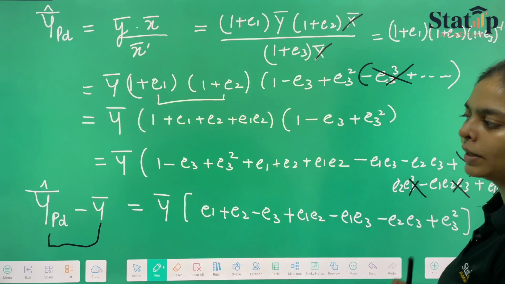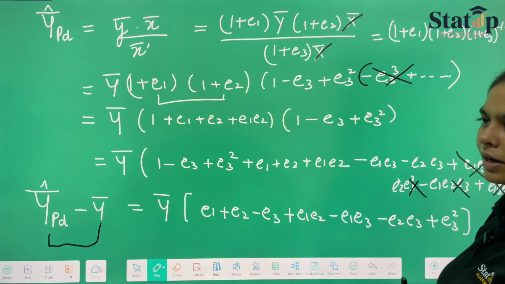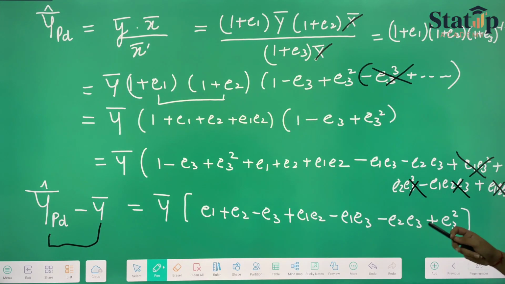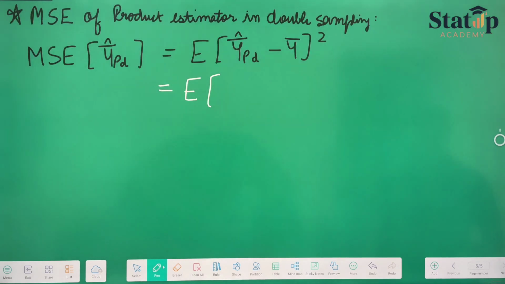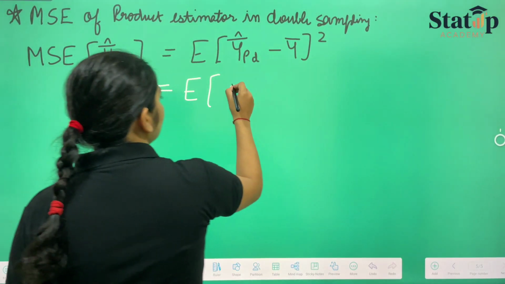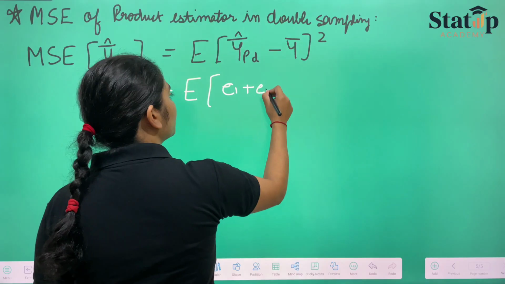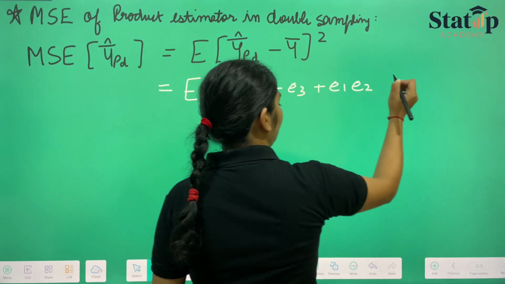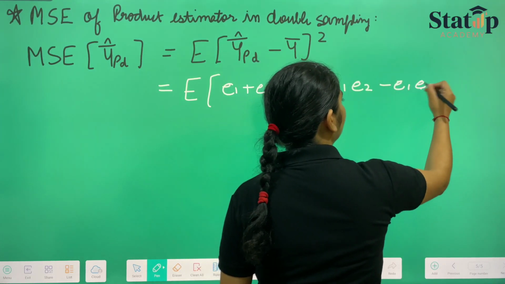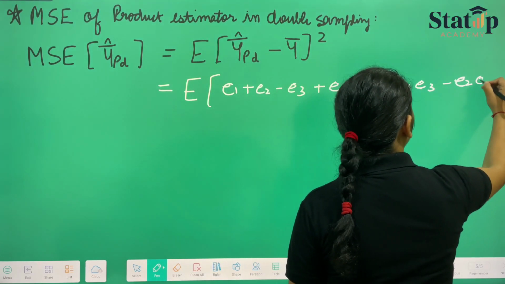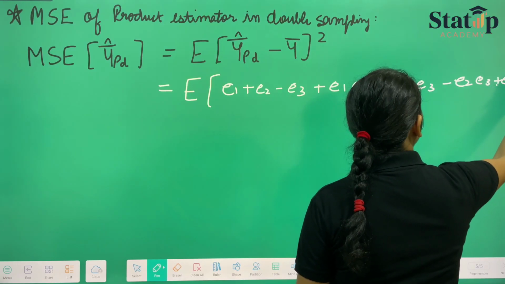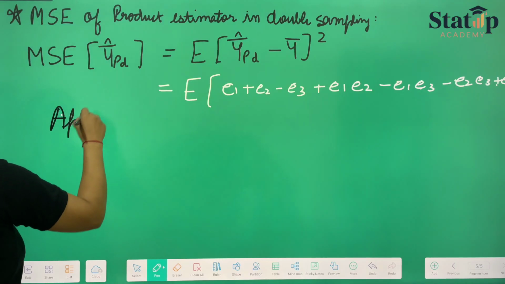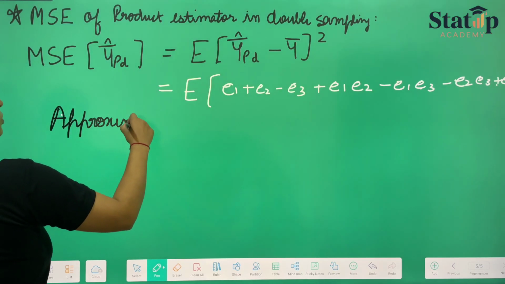This value is this: y bar, mean of product estimator in double sampling minus mean of y is y bar E1 plus E2 minus E3 and all those things. So here if we write the values: E1 plus E2 minus E3 plus E1 E2 minus E1 E3 minus E2 E3 plus E3 square, whole square. Now we are taking approximation up to order 2.